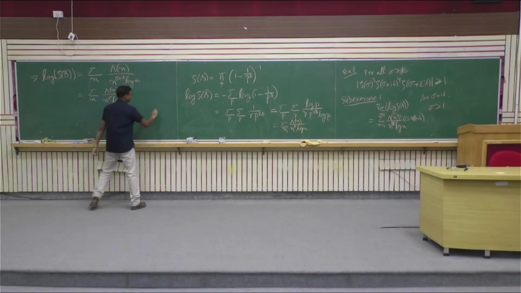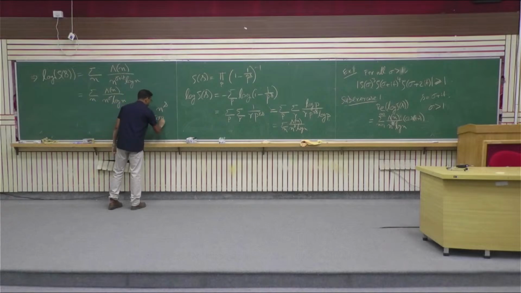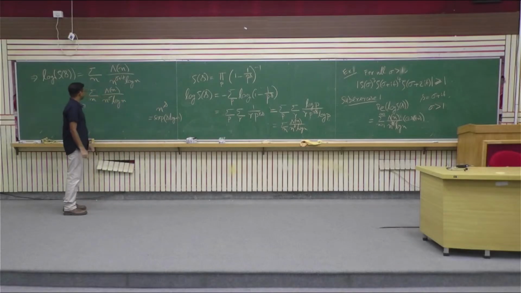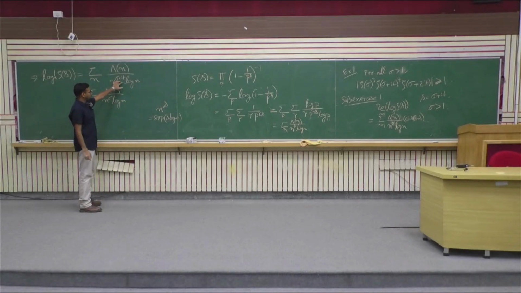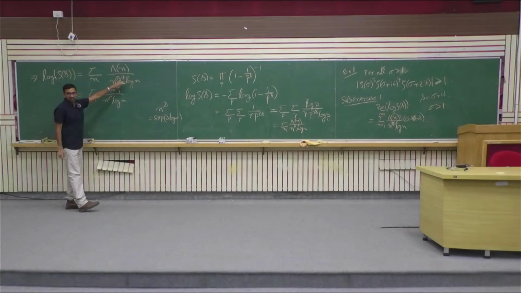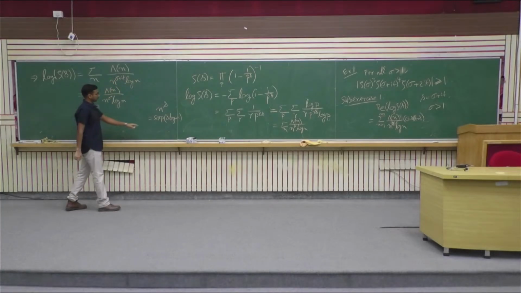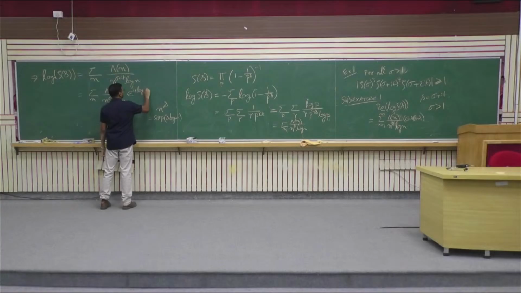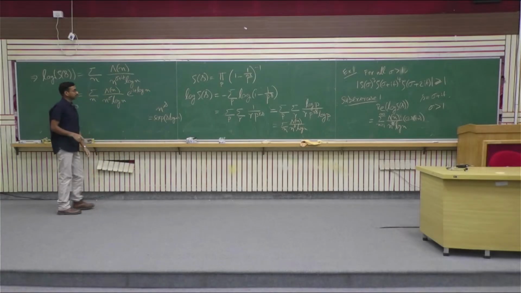Now we defined n power s as what? Exponential of s log n. So this n power it, if we take it on the right hand side, will be n power minus it, which would be just e power minus it log n.